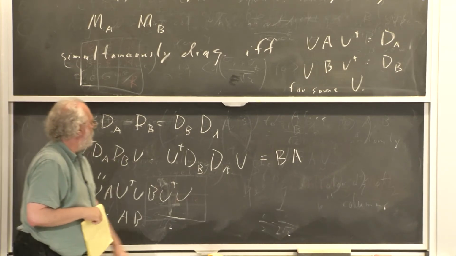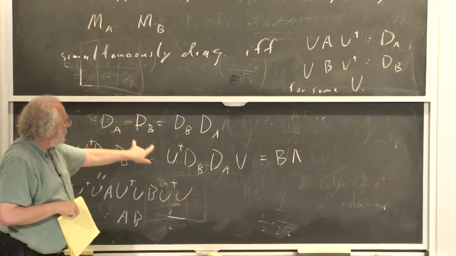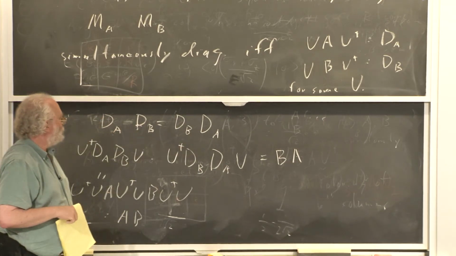So AB equals BA if the matrices are simultaneously diagonalizable.